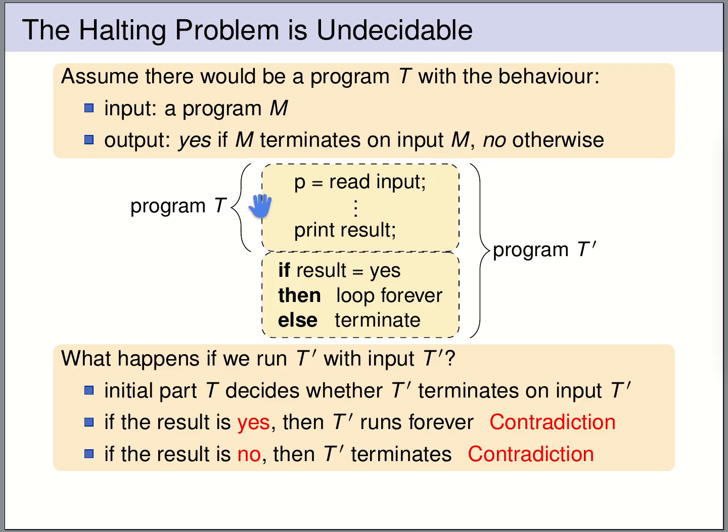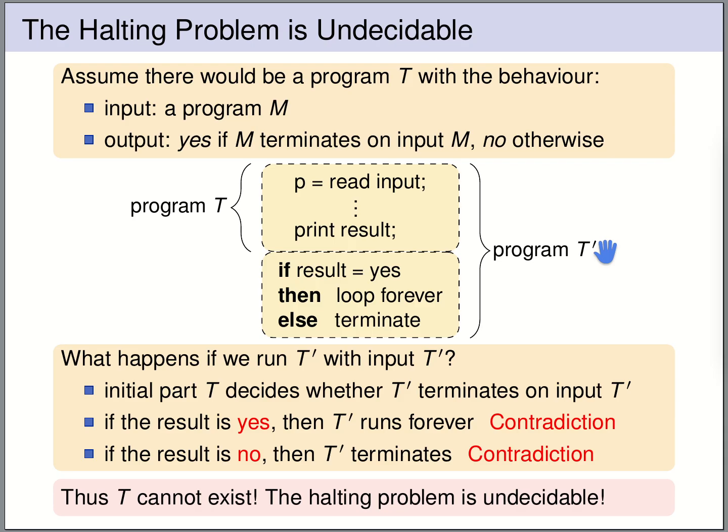If T tells that T prime terminates, then it does not. If T tells that T prime does not terminate, then it terminates. So what this means is that our program T must make a mistake. It does not correctly predict whether T prime terminates or not. So the program T cannot exist, and this means the halting problem is undecidable.